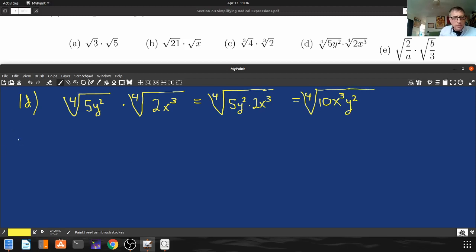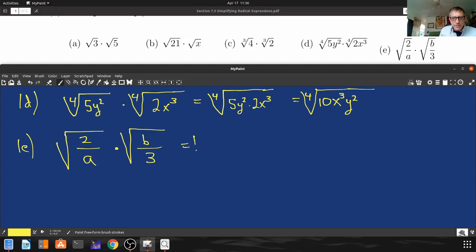And then 1E, we have the square root of 2 over a times the square root of b over 3.